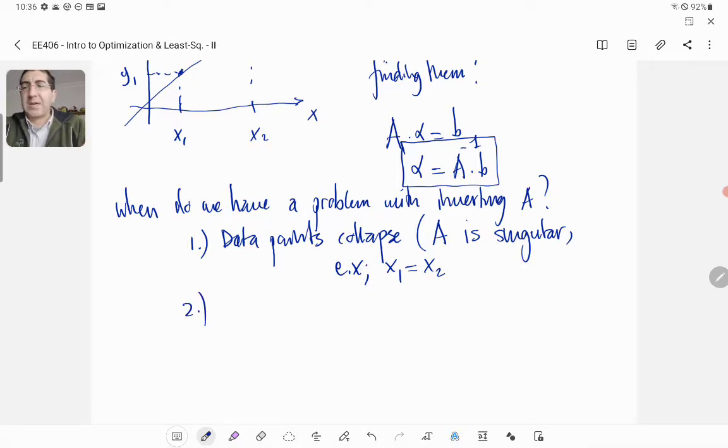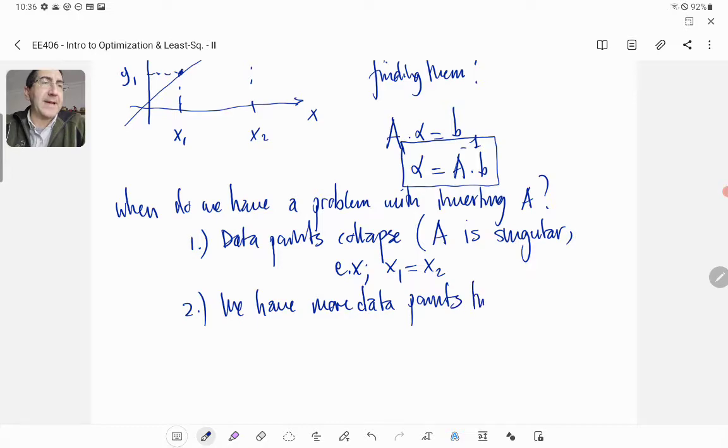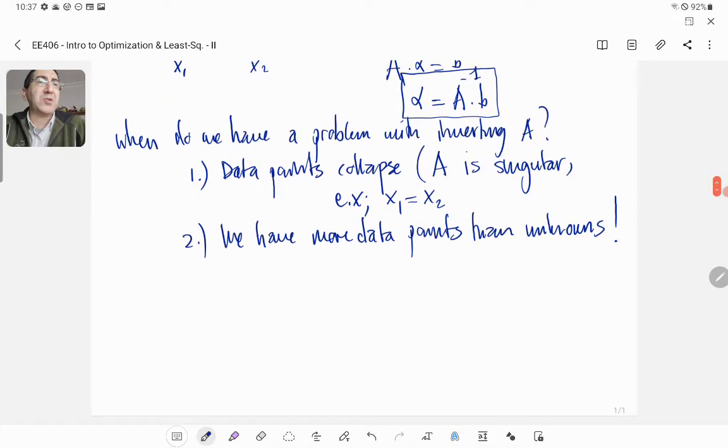Another common problem is we have more data points than unknowns. Too many equations in terms of alpha 1 and alpha 2.